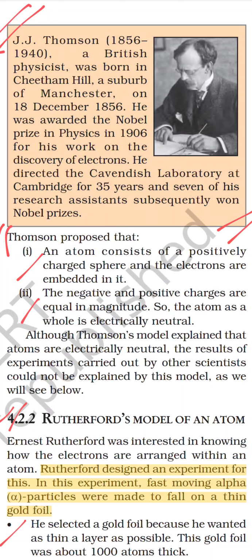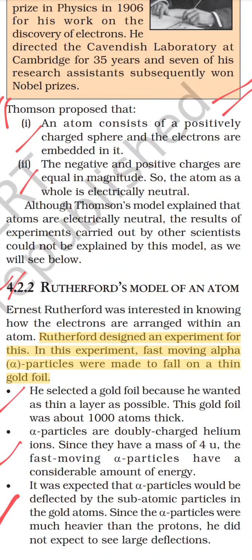He selected a gold foil because he wanted as thin a layer as possible. This gold foil was about 1000 atoms thick. Alpha particles are doubly charged helium ions since they have a mass of 4 units. The fast moving alpha particles have a considerable amount of energy.